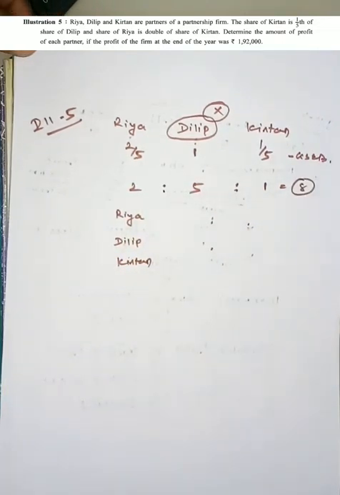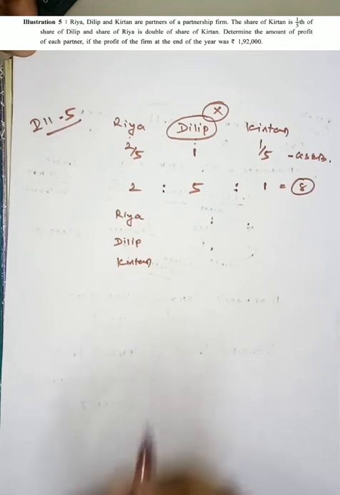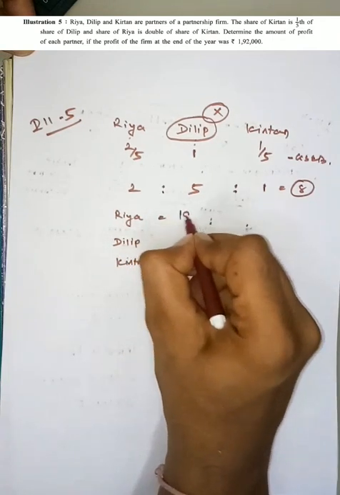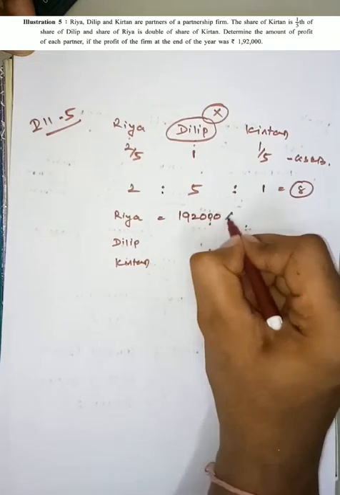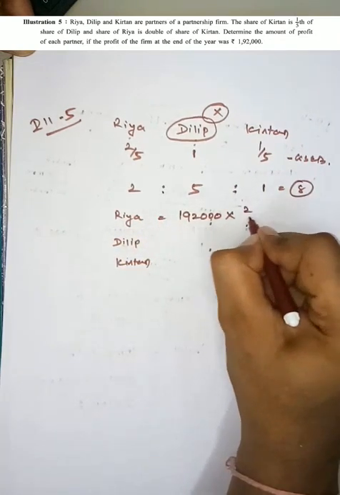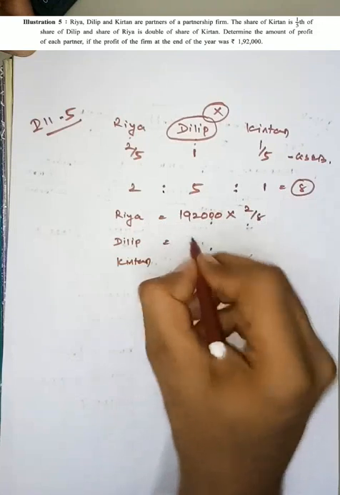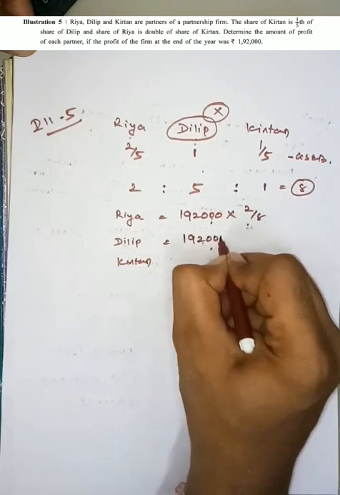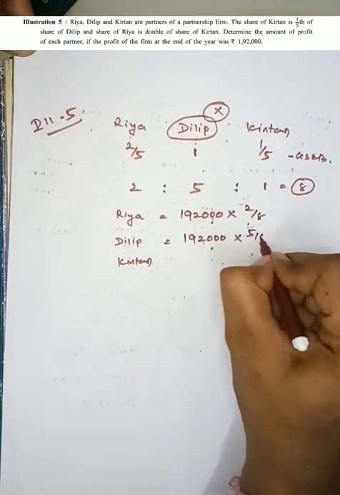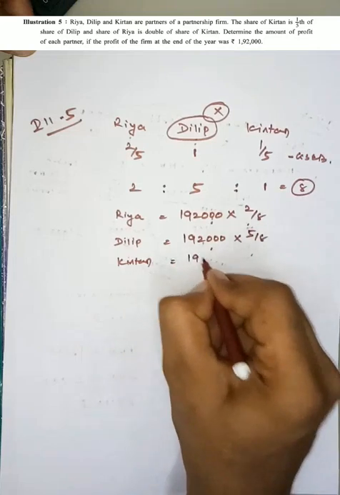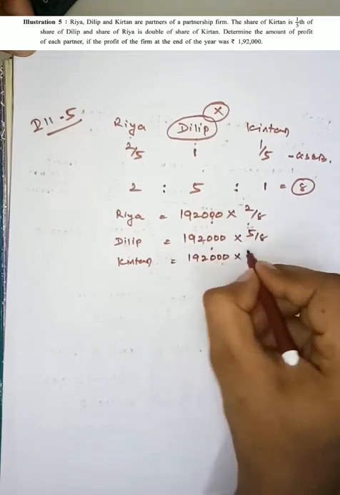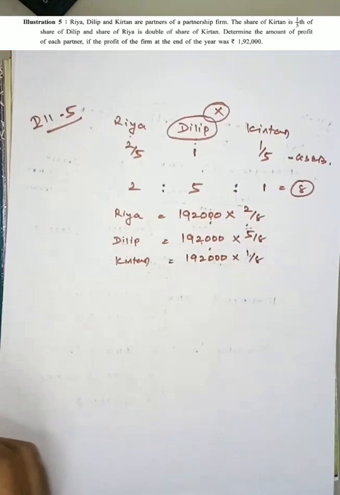Now determine the amount of profit of each partner if the profit of the firm at the end of the year is 1,92,000. Very simple example. 1,92,000 multiplied by Riya's share, 2 divided by 8; Dilip 5 divided by 8; and Kirtan 1 divided by 8.